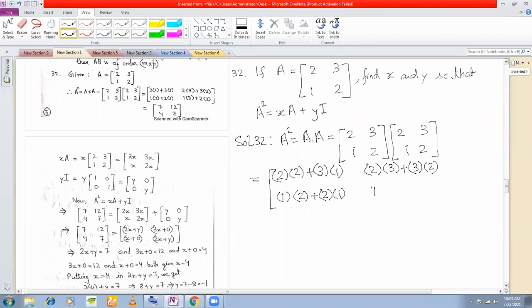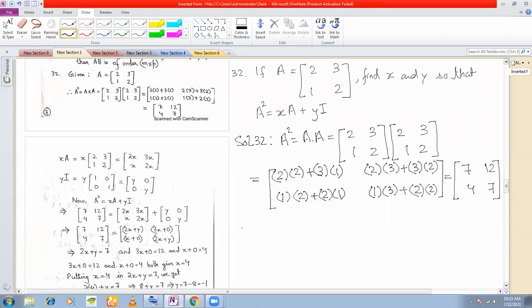Second row, second column. 1 into 3 plus 2 into 2. So a square, you're getting here as 7, 12, 4, 7. This is a square. Now you need to find out the value of x and y.